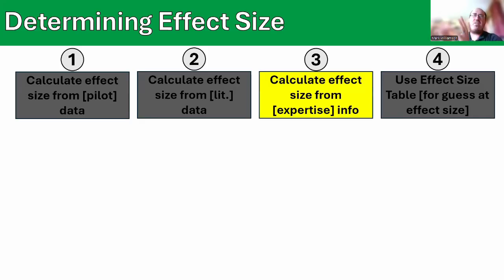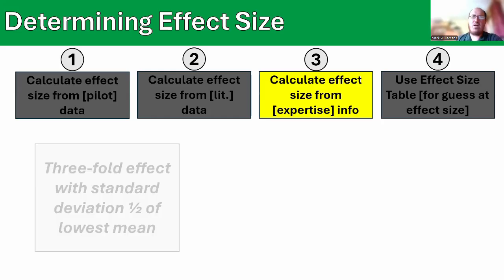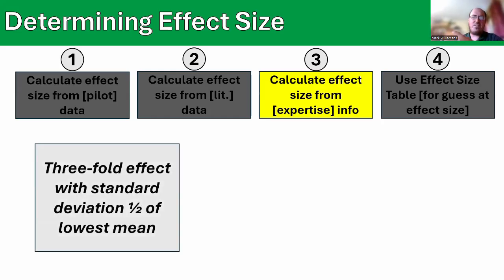So, but say I didn't have any of that, but I have some sort of extra expertise in the state of putting radon and testing things in boxes. And maybe I say to myself, well, I expect this kind of test to have a threefold effect with a standard deviation of maybe half of the lowest mean. And so sort of transferring that word problem into actual math, most people's least favorite thing in math.